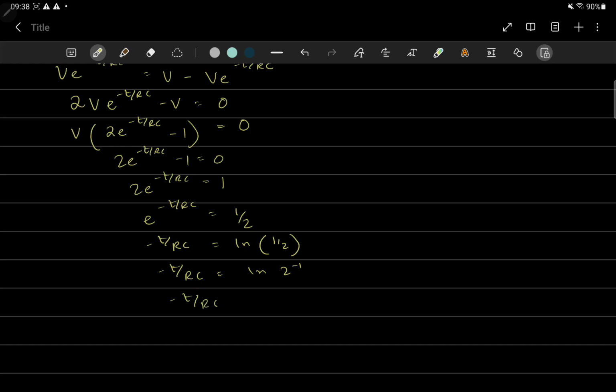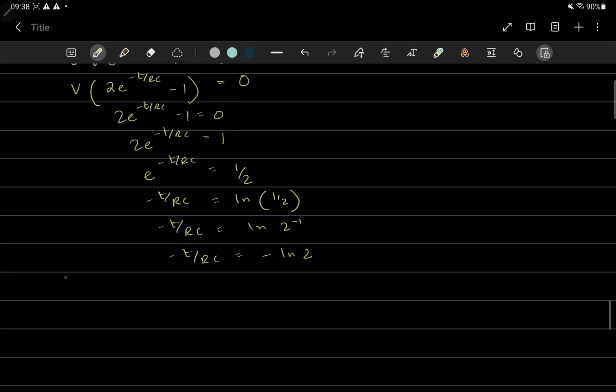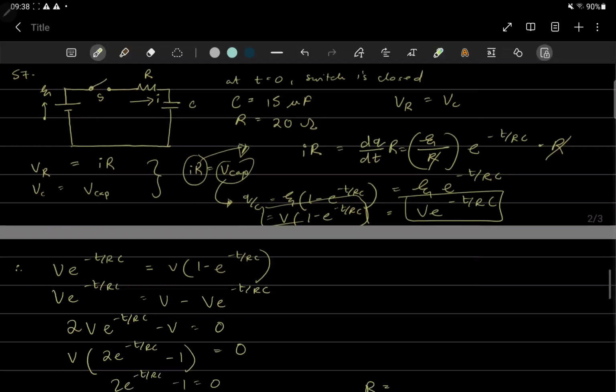So minus t by RC equals minus ln 2. That gets rid of the minuses, and therefore t equals RC ln 2. Okay, so now you know your expression, and R is given in the question as 20 ohms.